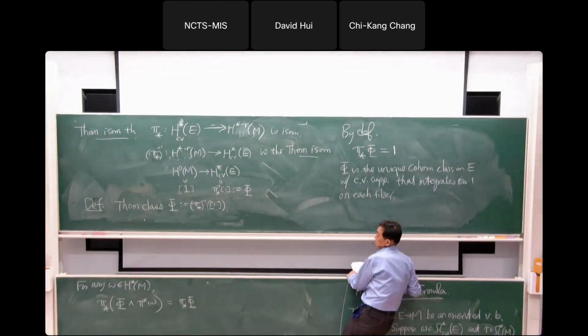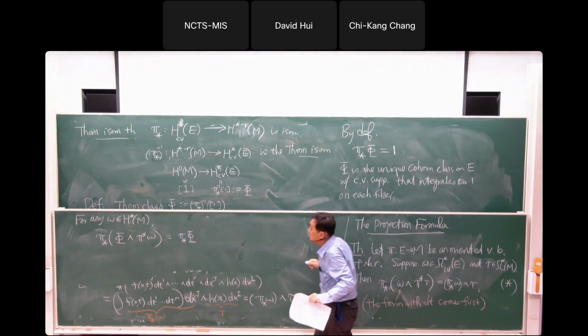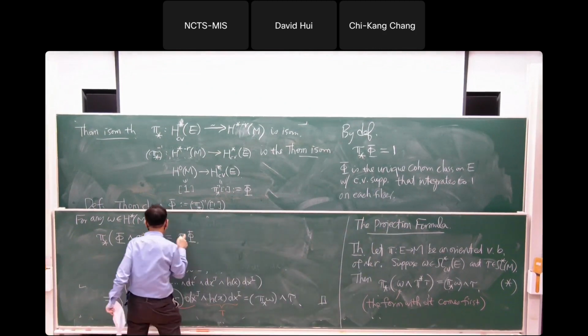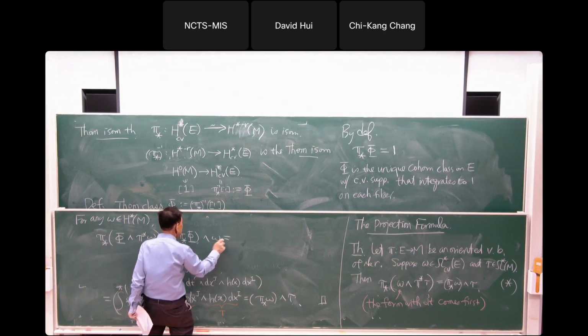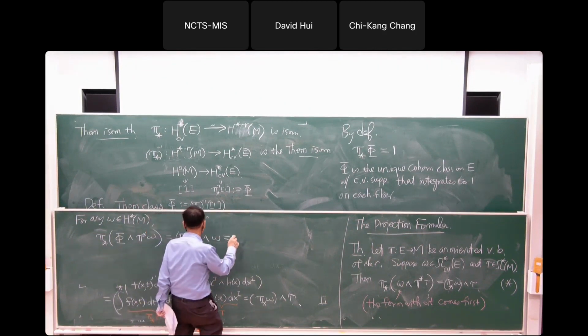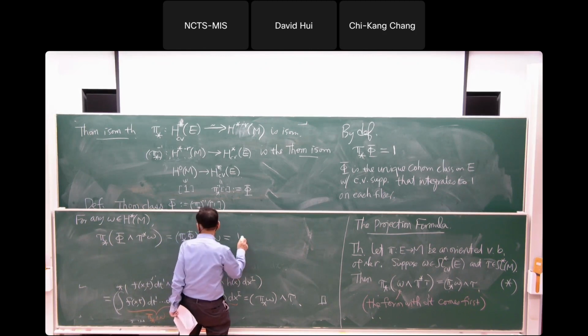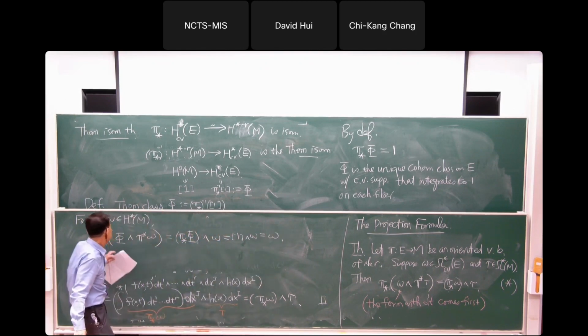Okay, and then by the projection formula, you have π lower star of φ wedge omega. π lower star of φ is 1, and then you wedge with omega, so you get omega, okay?